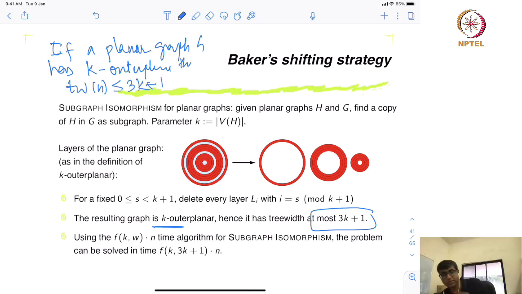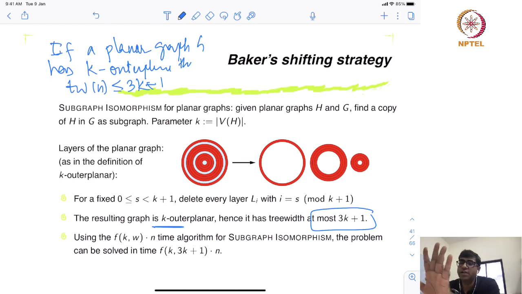Now, that is great for us. Why is this important? Suppose my H, look at this planar graph H, it has only k vertices. Then by the pigeonhole principle, one of the layer classes 1, 2, up to k plus 1 does not contain its vertices. Am I right?